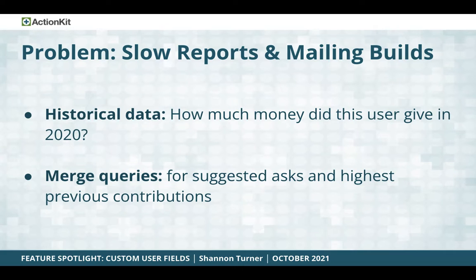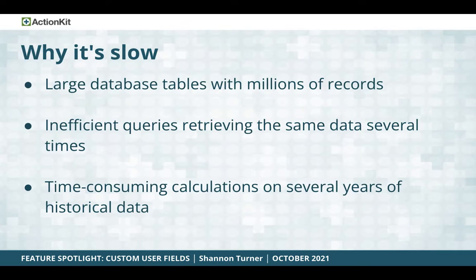We already have a video for that. And if you want a deeper dive into that, there's going to be a link in the description of this video for suggested asks. But if you often use merge queries in your mailings and you find that those merge queries are very slow, you might enjoy this video.